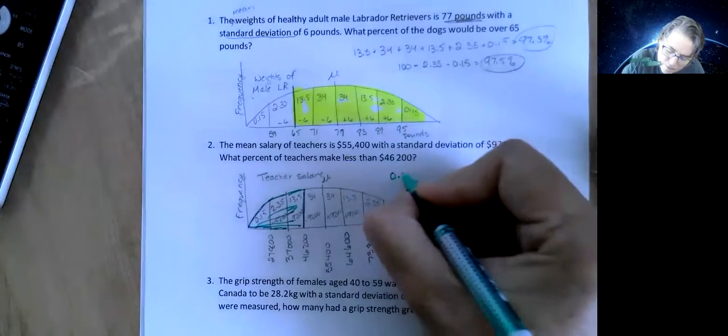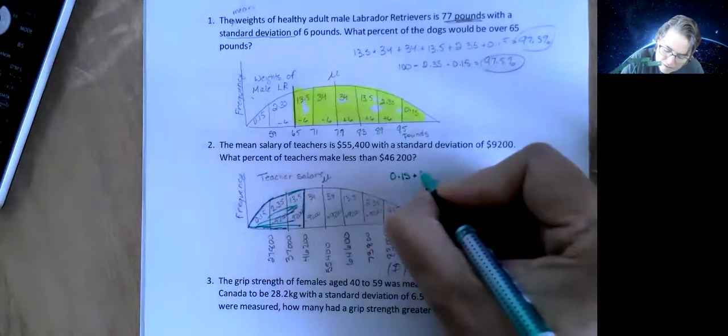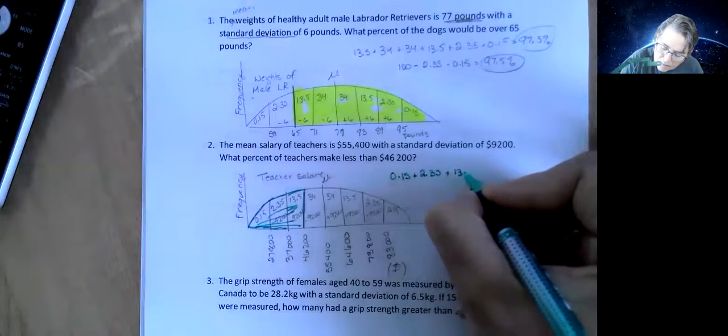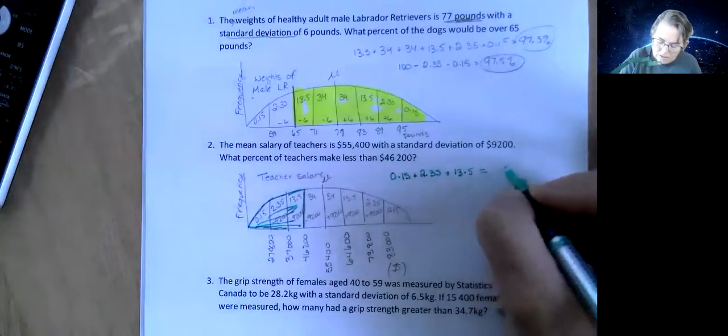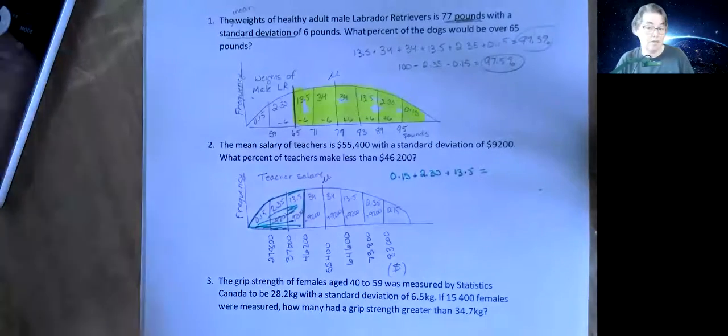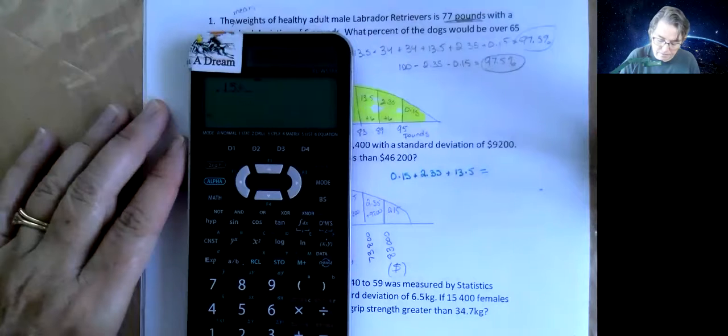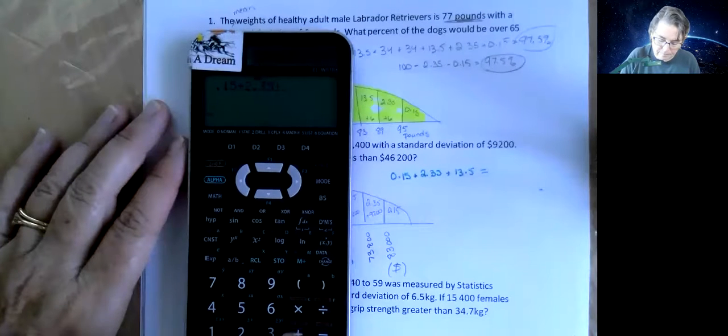So 0.15 plus 2.35 plus 13.5, which I am 95% sure is 16. Yeah, 16%.